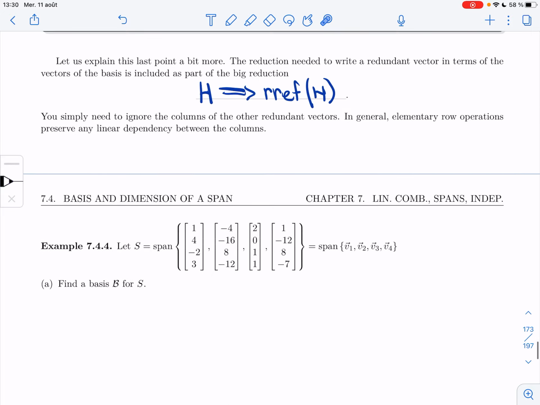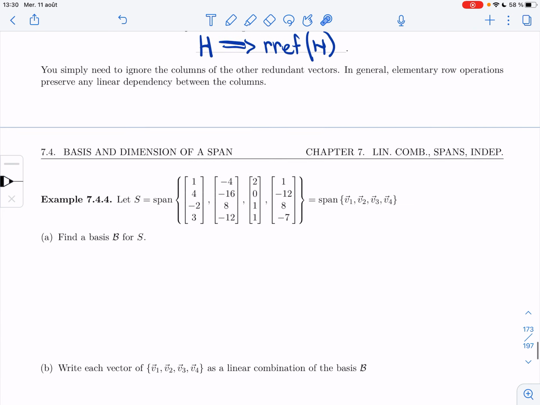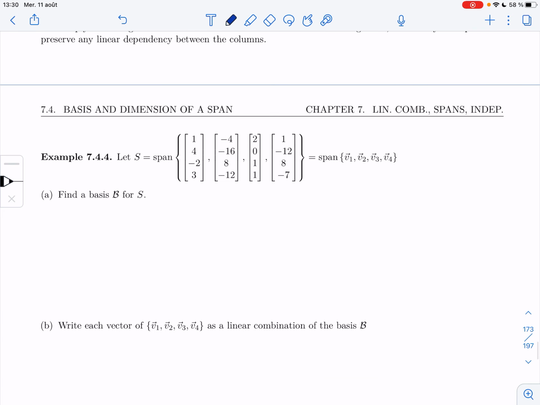All right, so let's go back to the method here. If I want to find a basis for a span, then what I have to do is reduce the matrix H that I get from including the vectors as columns. So here that would mean looking at 1, 4, minus 2, 3, minus 4, 16, 8, minus 12, 2, 0, 1, 1, 1, minus 12, 8, minus 7.